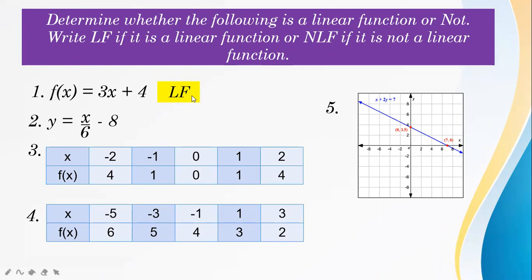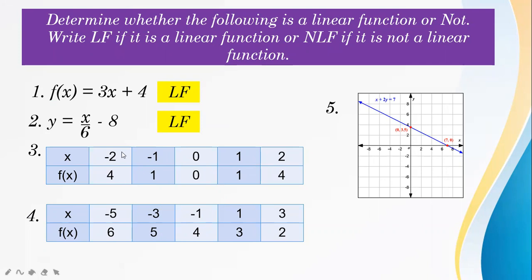So we have LF, linear function. Then number 2, we have y equals x over 6 minus 8. It is also a linear function because this is written in the form y equals mx plus b.